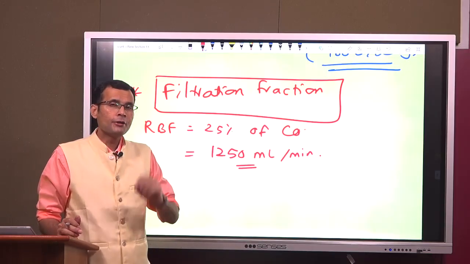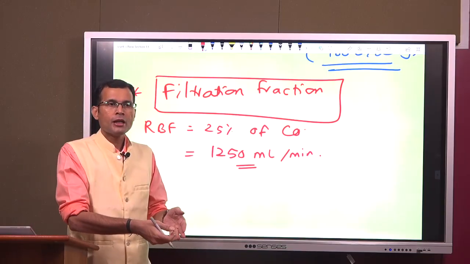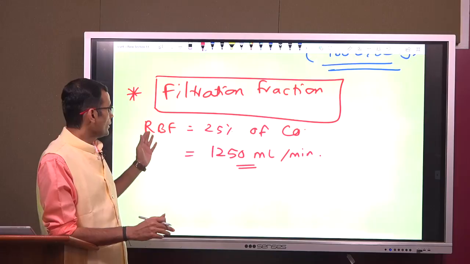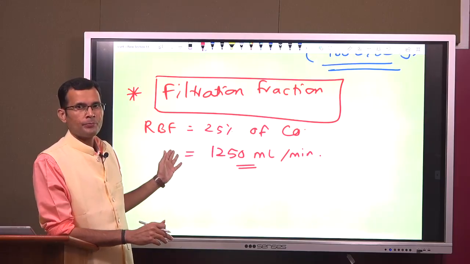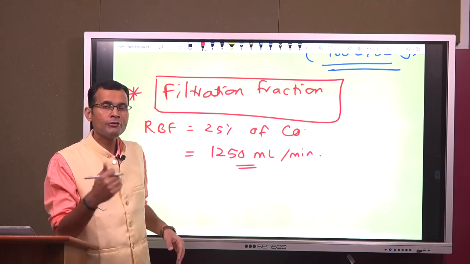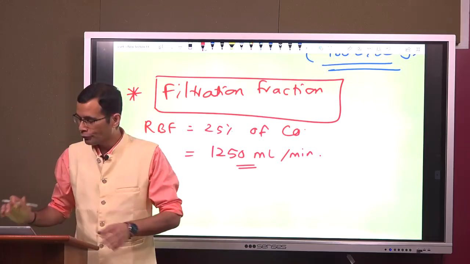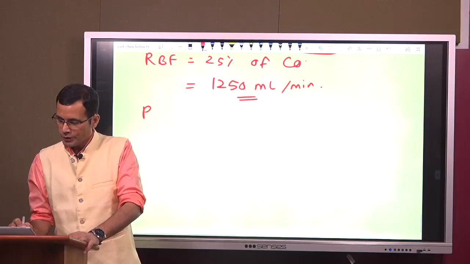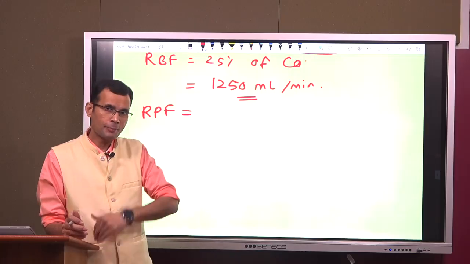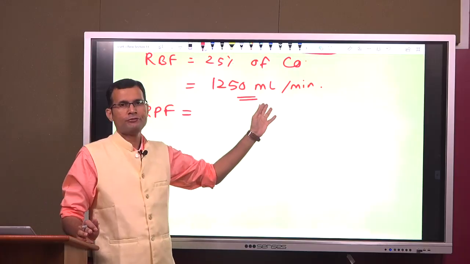But so far as the filtration is concerned, filtrate comes out of the plasma. This is whole blood, but the glomerular filtrate which is being formed is formed out of the plasma. So we have to know how much is the renal plasma flow. Renal plasma flow obviously will be half of this roughly.